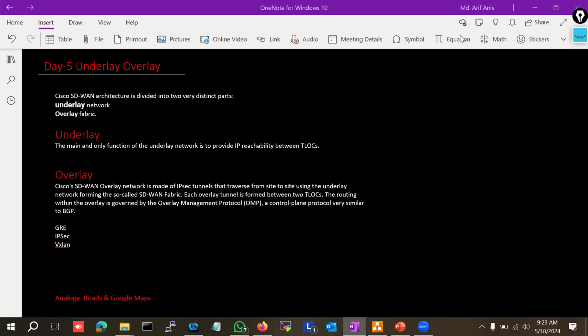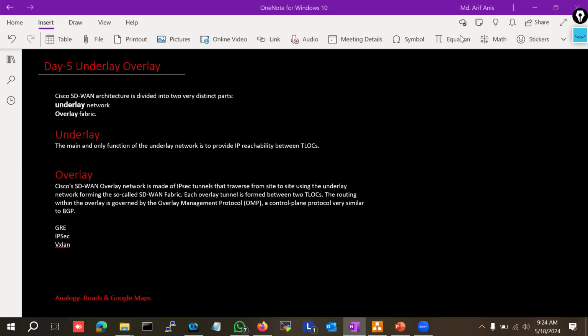Without underlay and overlay, we will not understand SDN technologies, not only SD-WAN. If we want to understand ACI, Application Centric Infrastructure, or Catalyst DNA Center, or SDXS, we have to understand the underlay and overlay concept.